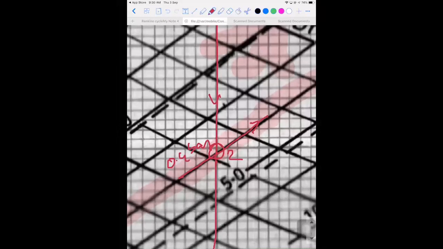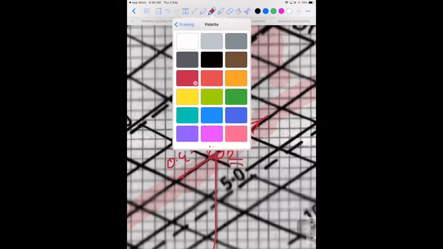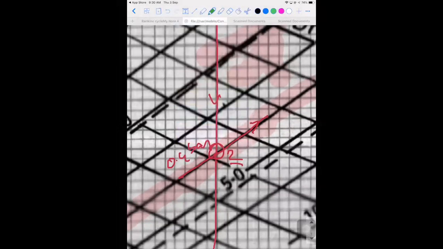And now at 2, you draw a horizontal line. This line I'm going to draw. Mostly I will go with some green palette. You draw the horizontal line. Nobody is giving any answer regarding the second value.